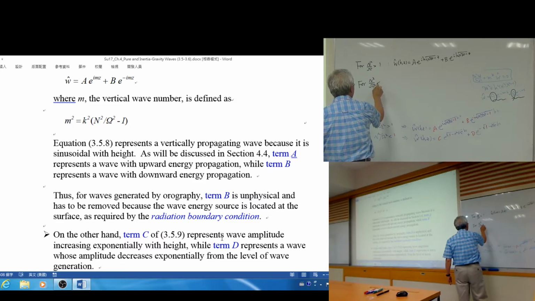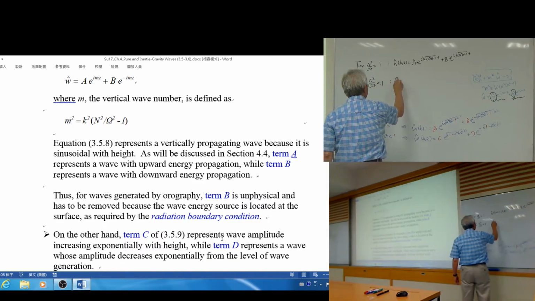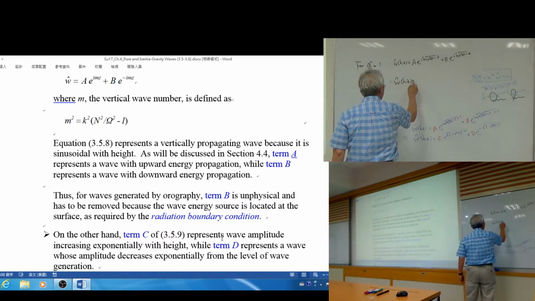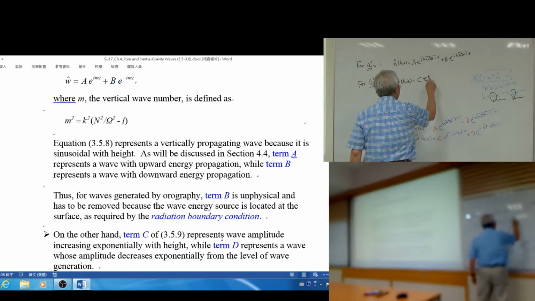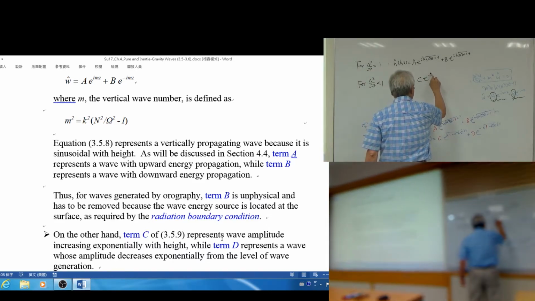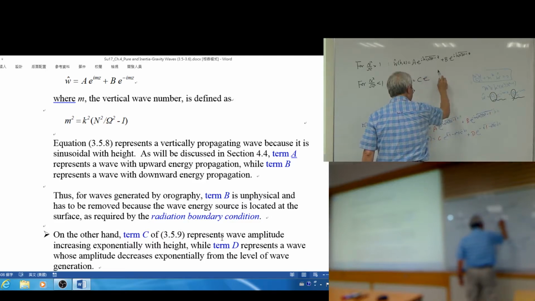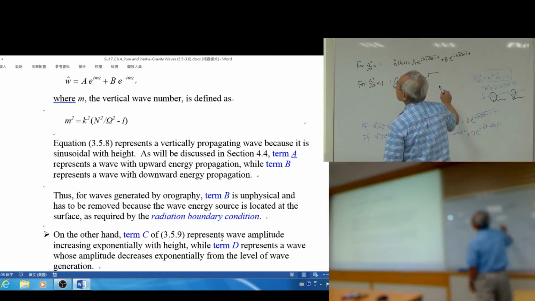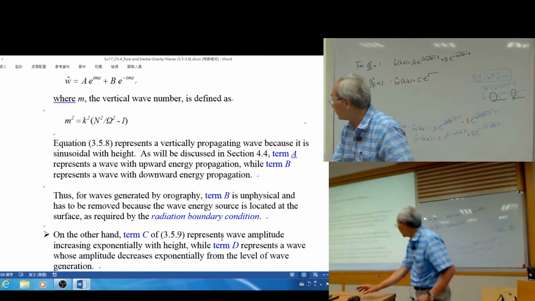Okay, for this one, K G equals C e to the plus square root of... I use K, pretty simple, to try to be consistent.